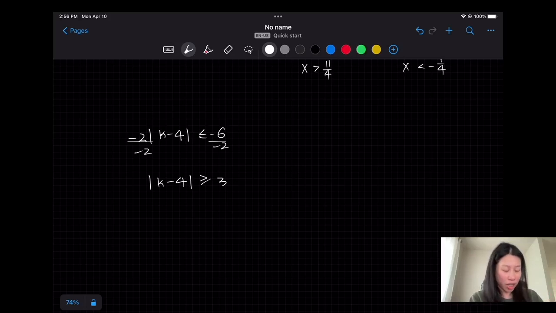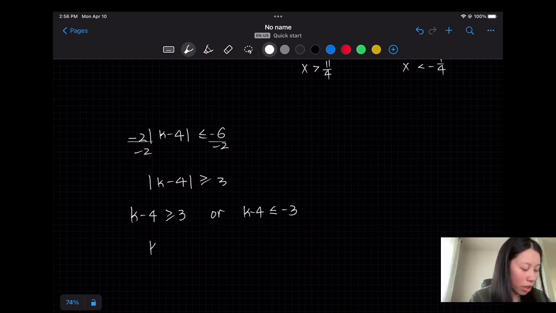When it's greater than, that means when you remove the absolute value from the inequality, you will have the result either k - 4 is greater than or equal to 3 or k - 4 is less than or equal to negative 3. And now you do the calculation, you will have k greater than or equal to 7 or k less than or equal to 1.